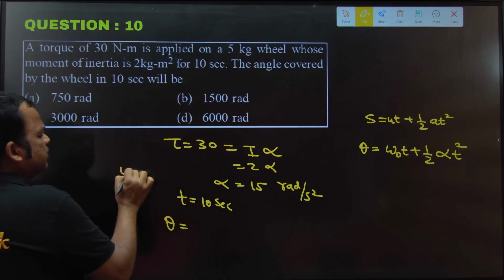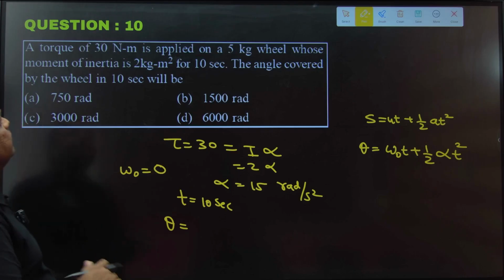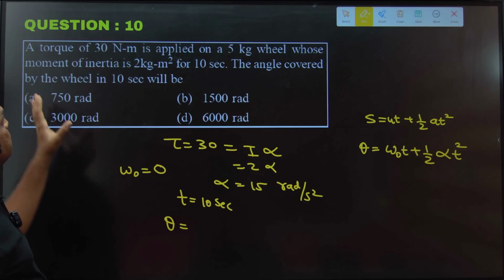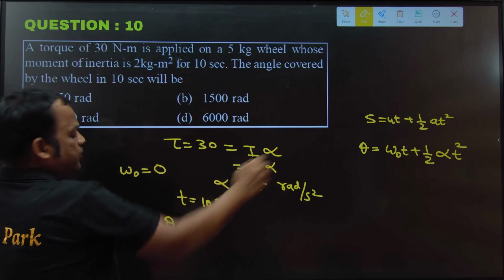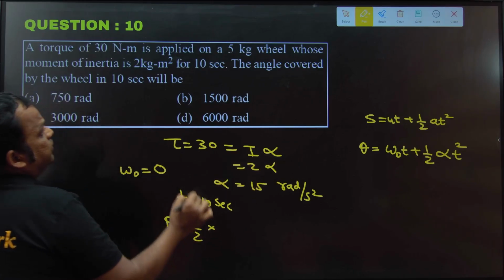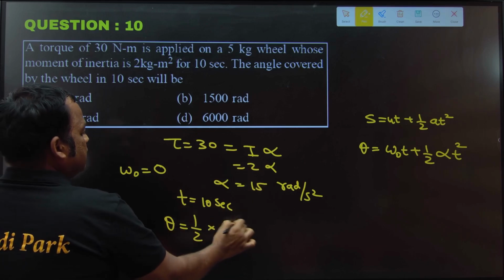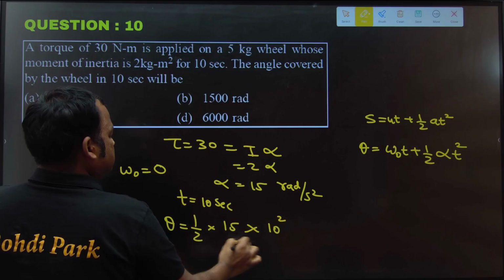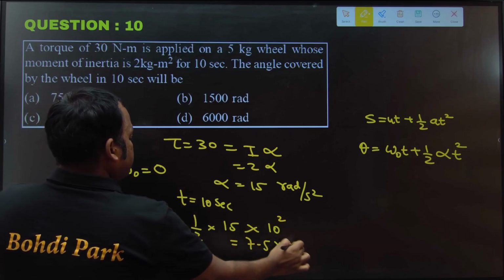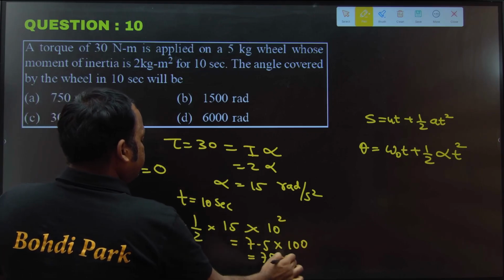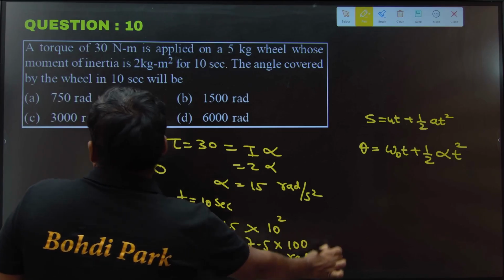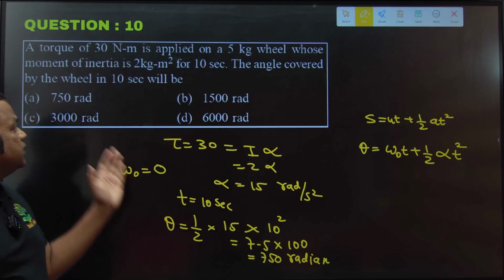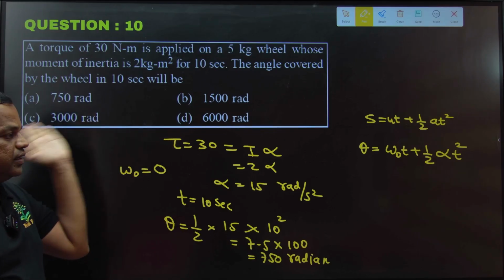Omega naught, the initial angular velocity, is 0. It is not clearly mentioned, but we have to assume it. So theta is equal to half into alpha into t square, so 7.5 into 100 or 750 radian. The SI unit of angle is radian, so the answer is 750 radian.